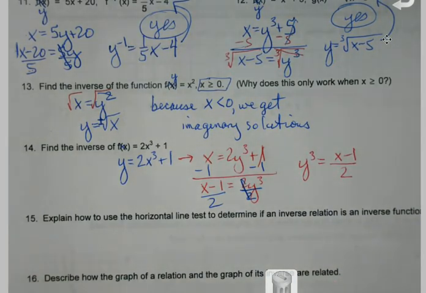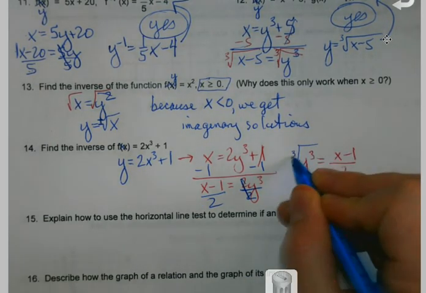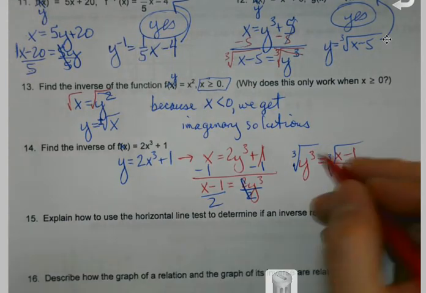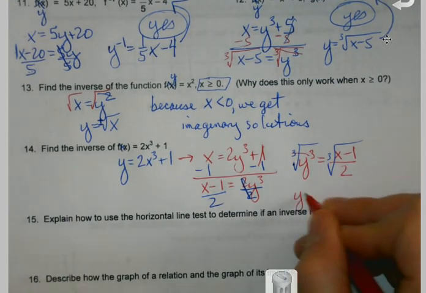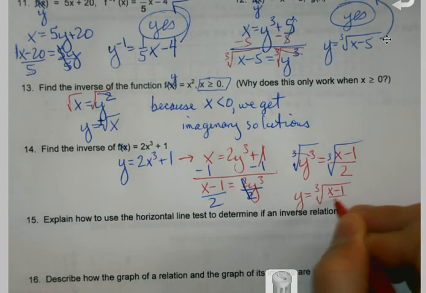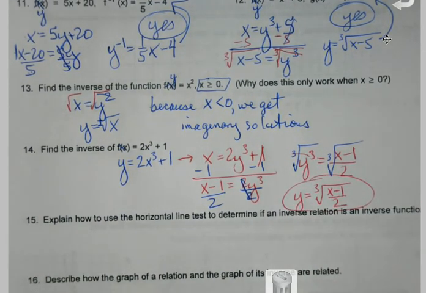And just like we had up above in number 12, since I'm trying to isolate a y cubed, I use the cube root, and I have to remember that little 3, because otherwise it's a square root, and that wouldn't take care of it for me. Looks weird, but that would be my inverse.